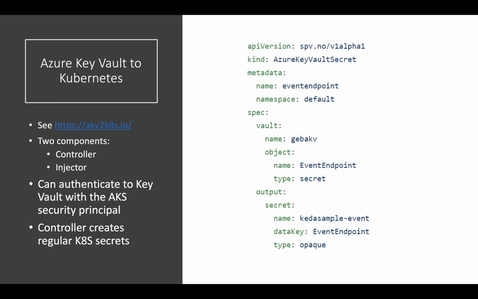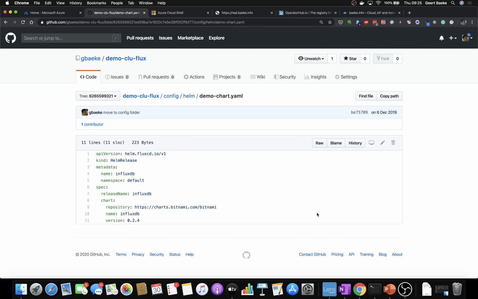Of course, in that case, the secret will be base 64 encoded, as you know by default with secrets, simple base 64 encoding. So having files like this in your Git repo is enough to pull the secrets from Key Vault and to then actually create custom or standard secrets in Kubernetes.